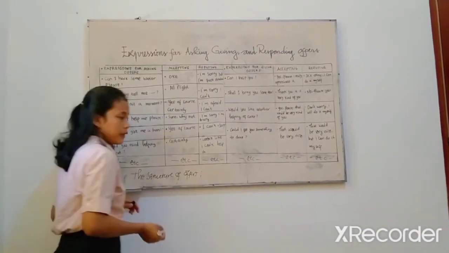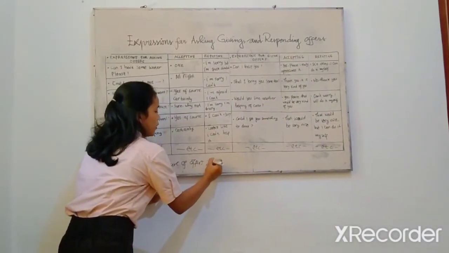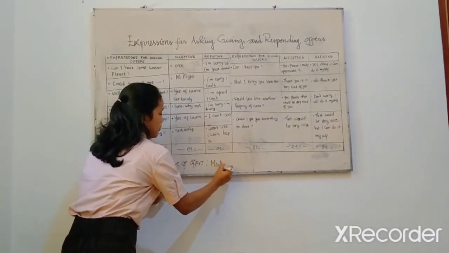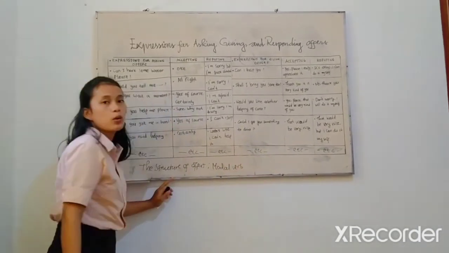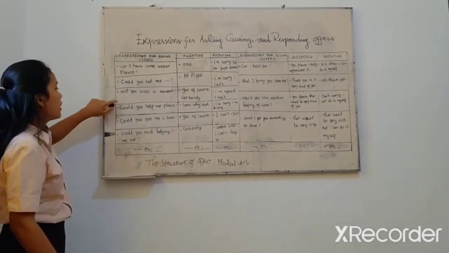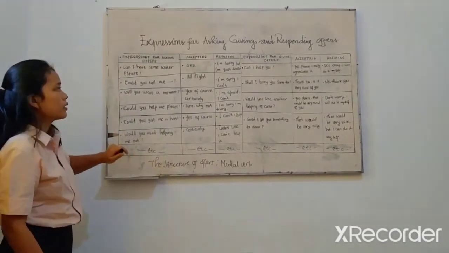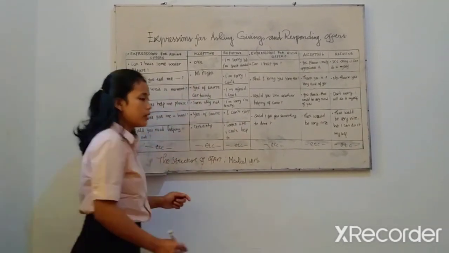Yang pertama kita gunakan adalah modal verb. Modal verb itu apa? Ya ini, can, could, will, would, ya seperti itu. Shall, apalagi could, seperti itu kan.